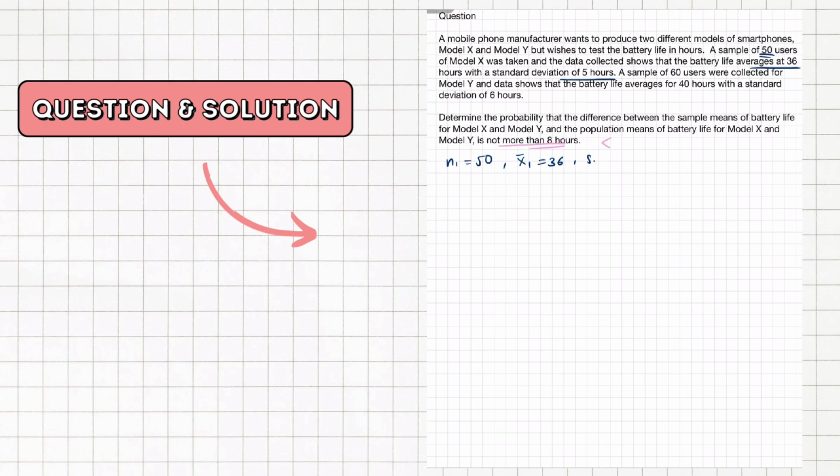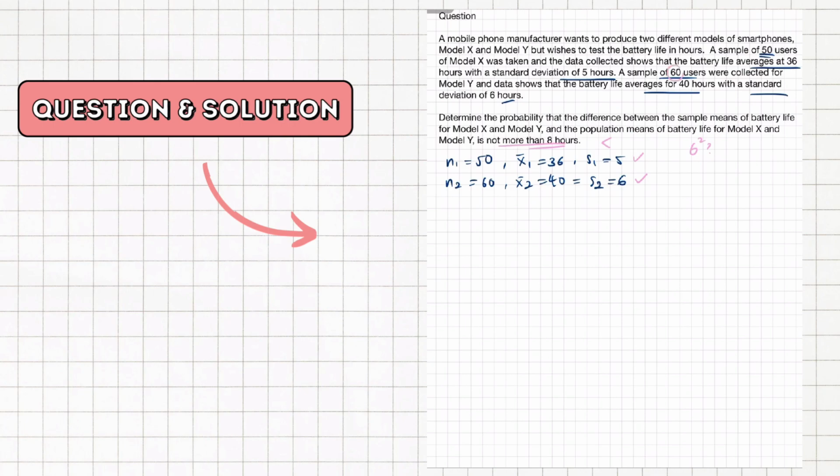Sample standard deviation is S. Then the sample of 60 users will be N2 equals 60, averages 40, X bar 2 equals 40, and a standard deviation of 6 hours, S2 equals 6. So in this question, we do not know the value of the variance. We only know the standard deviation given here.